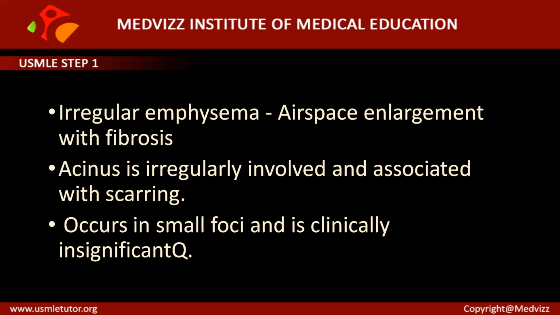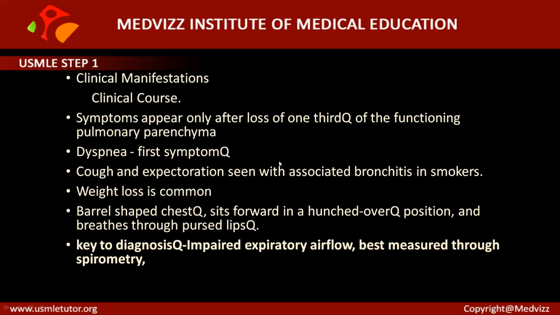So now we have discussed the various different types of emphysema. Now let us move on to the clinical manifestations. In the clinical course, symptoms appear only after the loss of one-third of the functioning pulmonary parenchyma, which means whenever there is destruction of one-third of the lung parenchyma with its associated elastic fibers, only then will you see symptomatology.